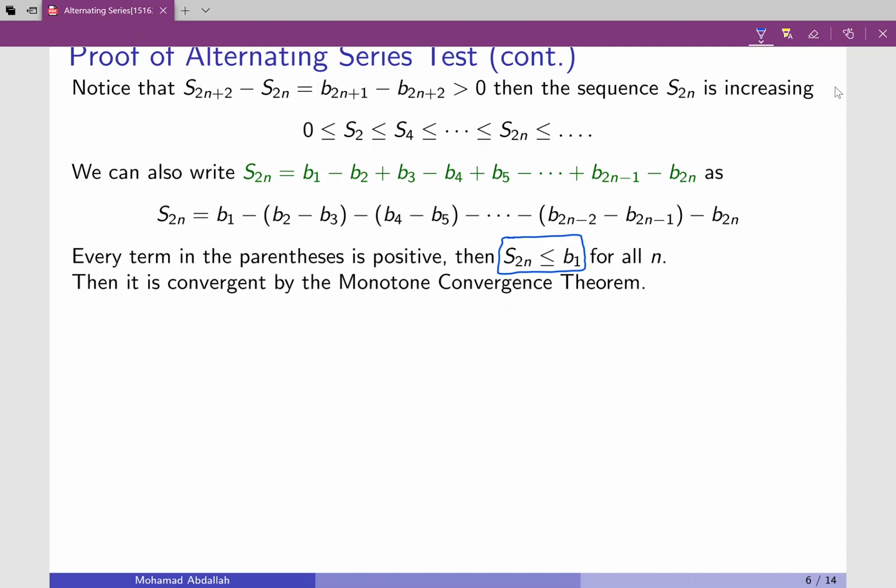Then by the monotone convergence theorem, this is a convergent sequence. What does it mean? That means that the limit of S2n when n goes to infinity is equal to some number S, a finite number. The limit exists.